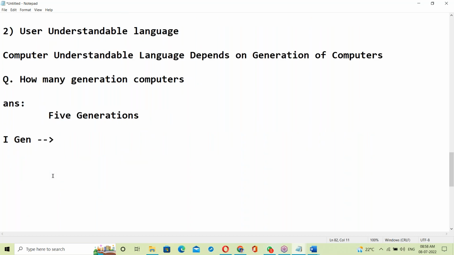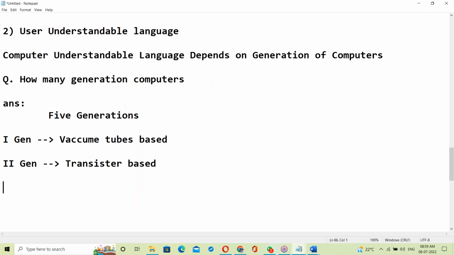The first generation is vacuum tube based, initially computers were vacuum tube based. The second generation is transistor based.